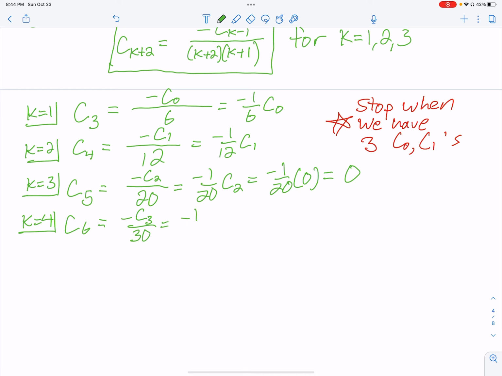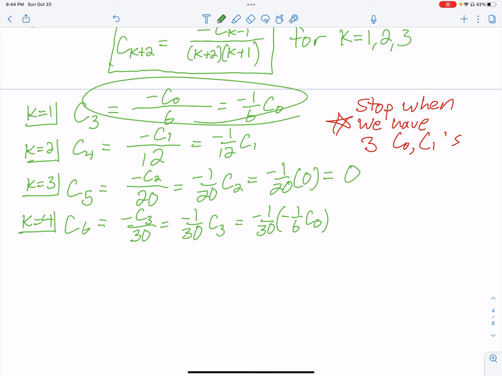This is negative 1 over 30 c_3. Now I can replace c_3: if I look above, c_3 was negative 1/6 c_0. I plug that in, multiply, and I get 1 over 180 c_0. So there we go, I have a second c_0.